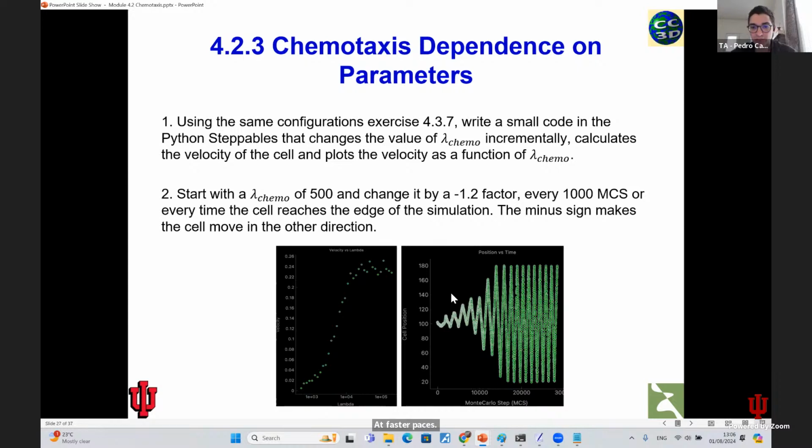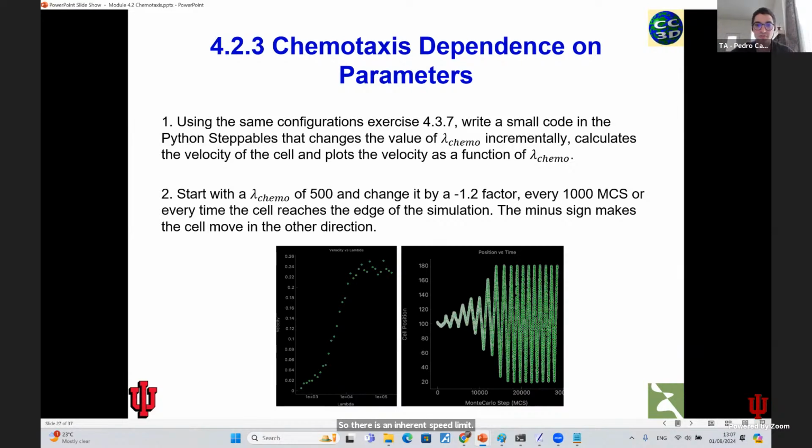And what you should see with this is that in a certain regime, for lower lambda parameters, your cell gets faster and faster, but it reaches a limit. After a certain lambda parameter, if you keep increasing it, your cell will not increase its speed because there is a limit speed in CompuCell. Cells can only copy 1 pixel per Monte Carlo step, so there is an inherent speed limit.